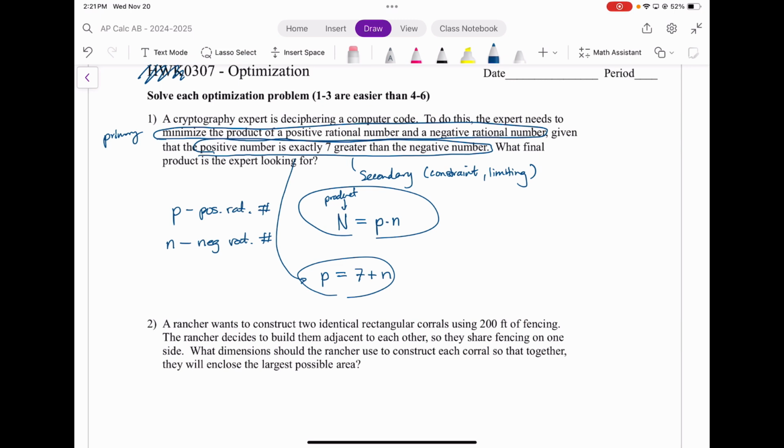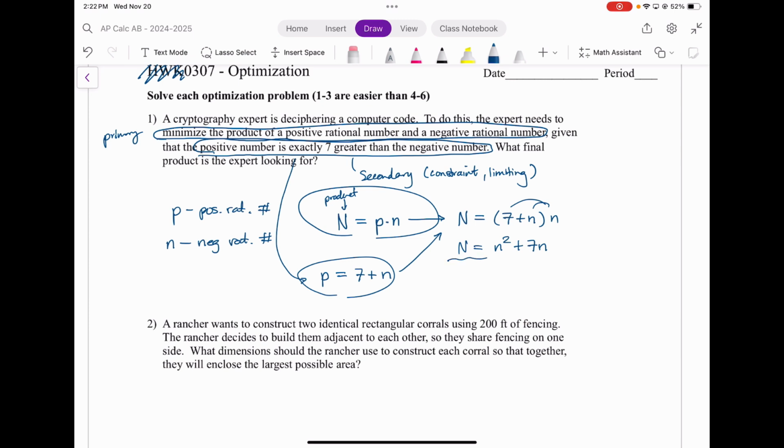So now I can plug this into the primary, and I'm going to get big N equals, plug in for P, so we get (7 plus little n) times little n. So distribute that in. Big N equals, I'm going to write it in lowering degrees here, n squared plus 7n. This is what we're trying to minimize.